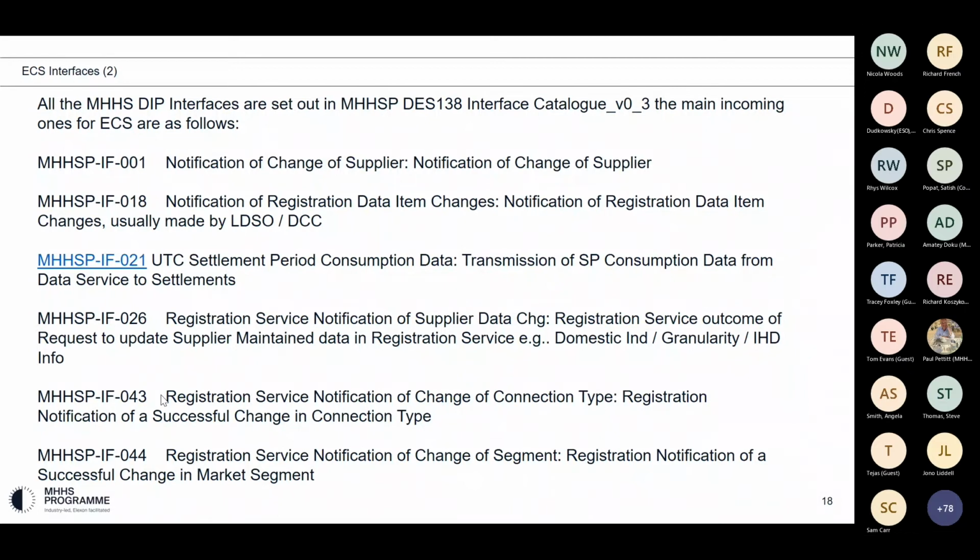I probably missed it off here. There should be one relating to change of energization status as well, which I can't see. There are a few other bits in here. In fact, it's probably in one of these, but if the domestic indicator changed from true to false, i.e. it is now non-domestic, it gets an update from that.